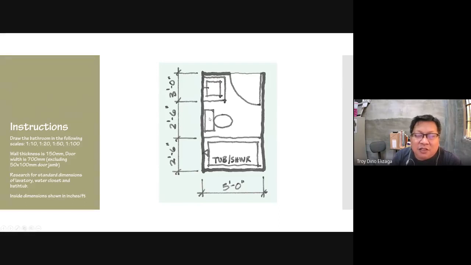Okay, the smaller the drawing, the lesser the details. That's what I'm looking for. I will be posting this in Canvas with more details. For now, I'm just showing you what to expect. Okay, so please wait for the final instructions before asking me all the questions like sort of papers, borders, names, where to put names. Wait for it first before you ask me.